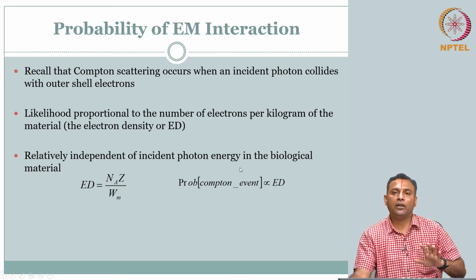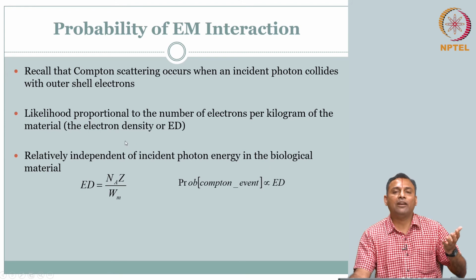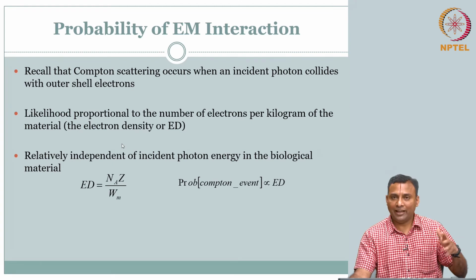So we do not have to worry. So good news is that, bad news is also that. Bad news is, irrespective of the energy you are going to work with, you are going to have Compton scattering. It is something that is not desired, right. So you are going to have that irrespective of whichever energy you are using.